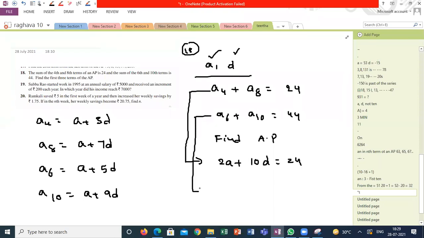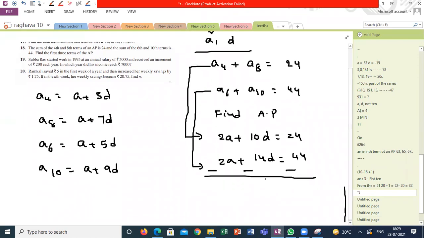For the second equation, 2A plus 14D is equal to 44. If I subtract, 2A will cancel. I will get minus 4D is equal to minus 20. So minus cancels, 4 fives are 20. So my D is equal to 5.